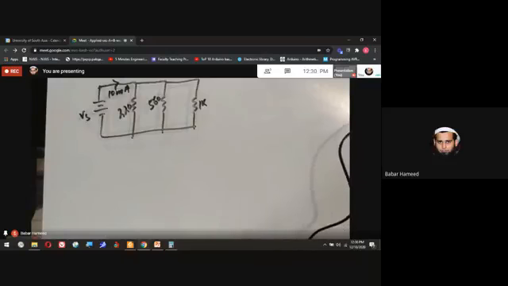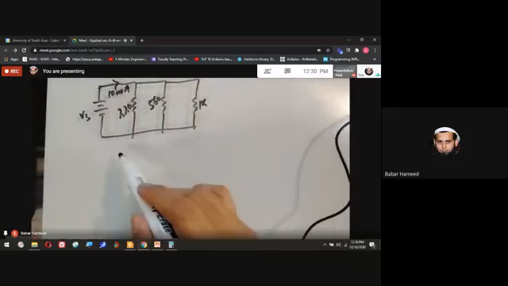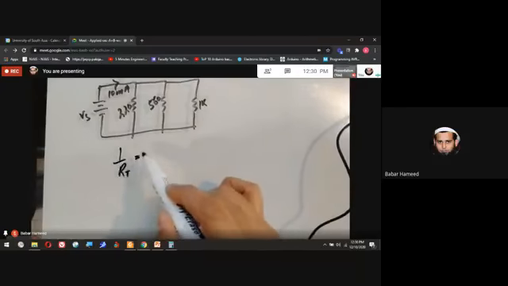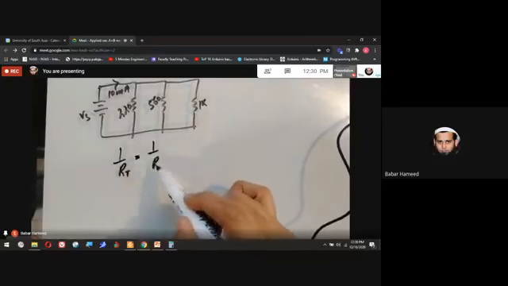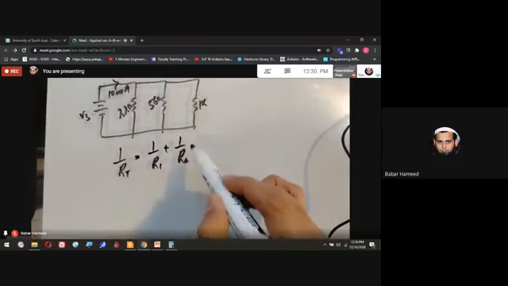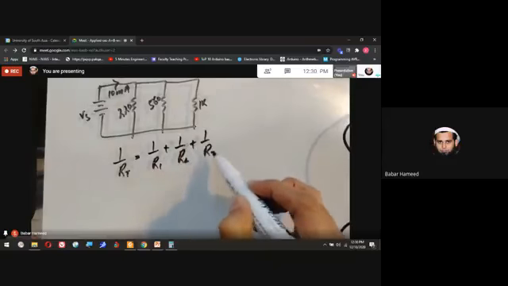What would be the plan of action? First, we have to find out total resistance. The formula for total resistance is 1 over RT equals 1 over R1 plus 1 over R2 plus 1 over R3.